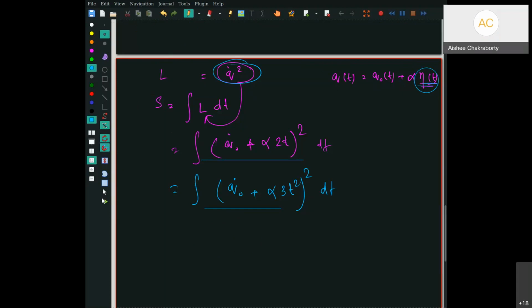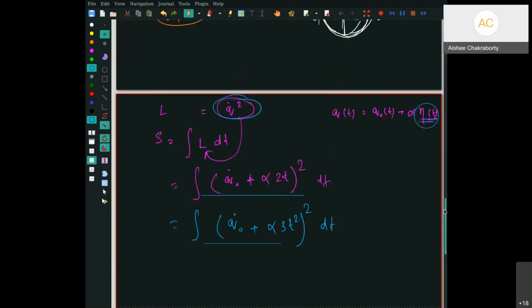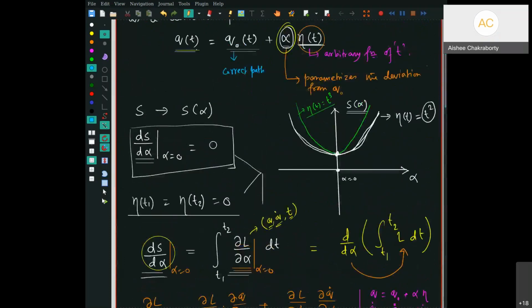But sir, here S, both in the case of t square and t cube, the integrated value will change from t square to t cube, but it still depends on alpha square or alpha. I don't understand.